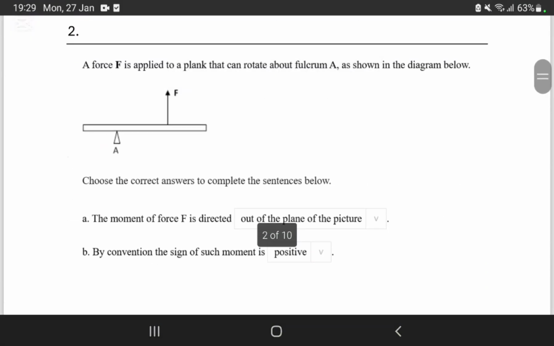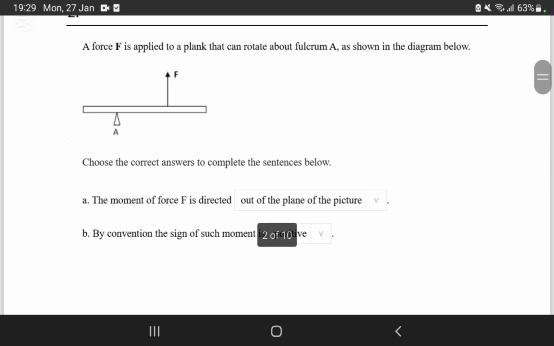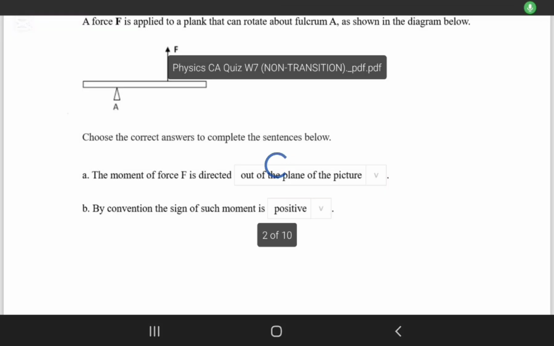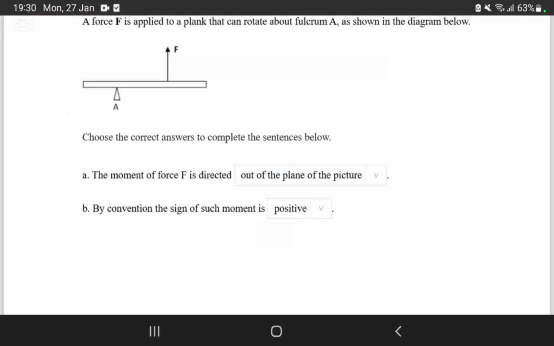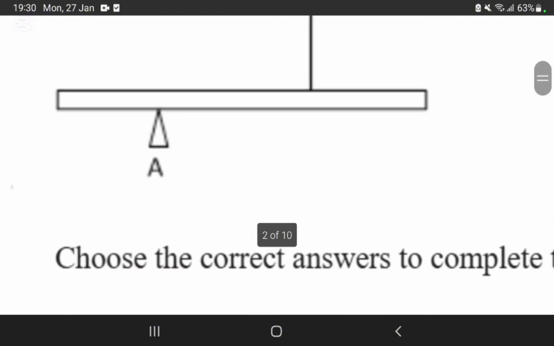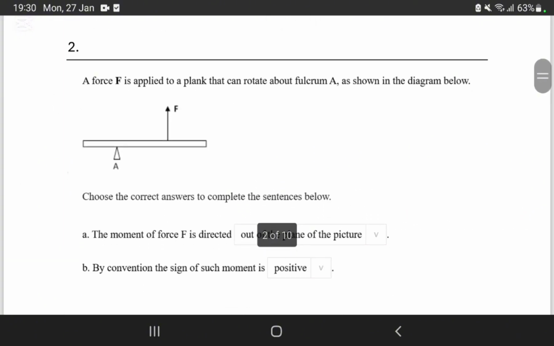Number 2. A force F is applied to a plank that can rotate about fulcrum A, as shown in the diagram below. To know if the moment is out of the plane of the picture or inside the plane of the picture, we're going to have to use the right hand rule. First of all, we need to find the pivot, which they gave as A. Determine the position vector.